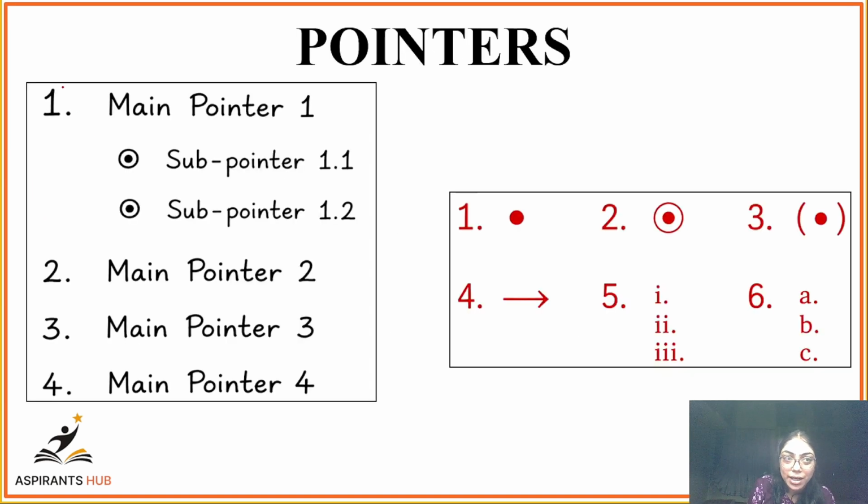Next is writing pointers. If you have a main pointer 1, 2, 3, 4, and then sub pointers underneath, always leave some space, proper indenting, and then start writing your sub pointers. Different types of bullets can be used. Here is an image, please pause and have a look at it. I have not randomly put these things here.